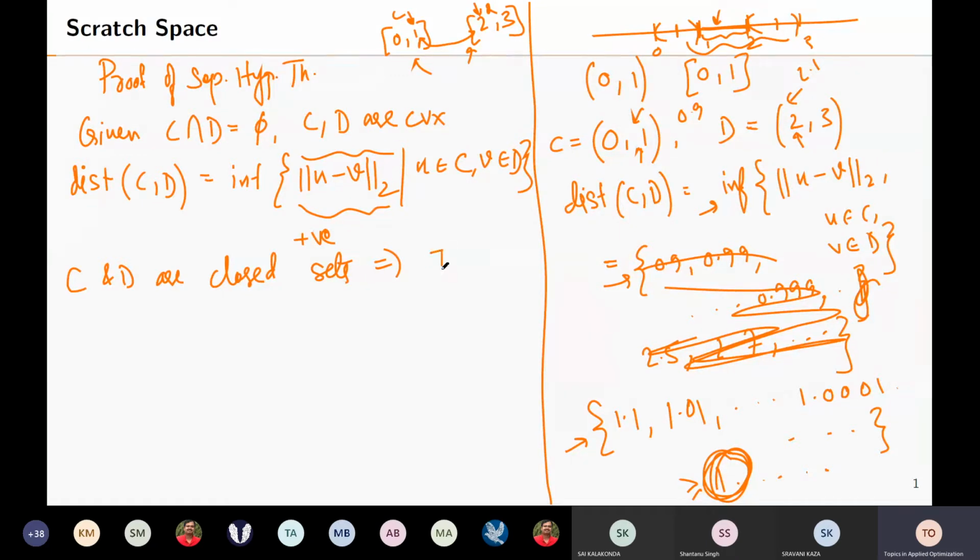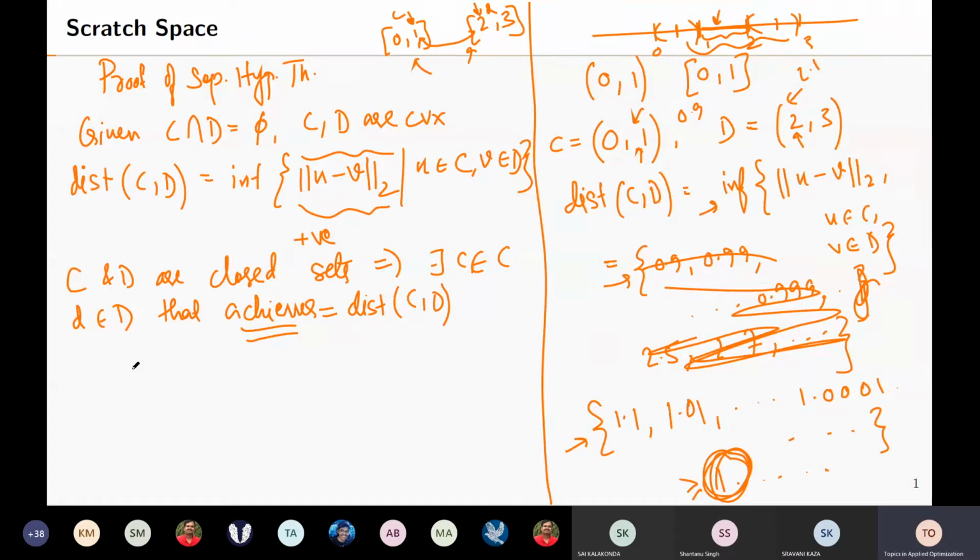So there exists C in C and small d in D such that it achieves the distance of C and D. Okay, so that is happening because of the closed and boundedness property. Okay, so that's also what we needed.